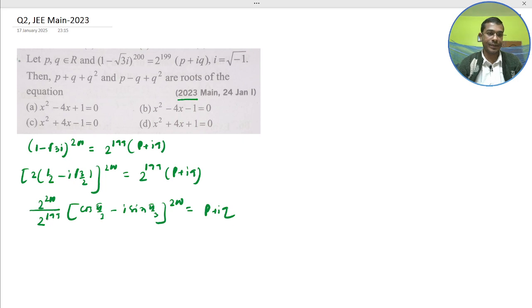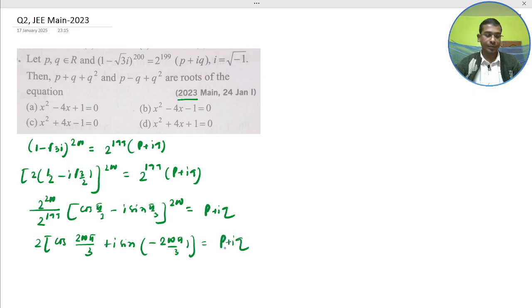So next this would be 2 times (cos 200 pi by 3 plus i sin minus 200 pi by 3), which would be p plus iq. So this would be 2 into (minus half minus i root 3 by 2), this would be p plus iq.